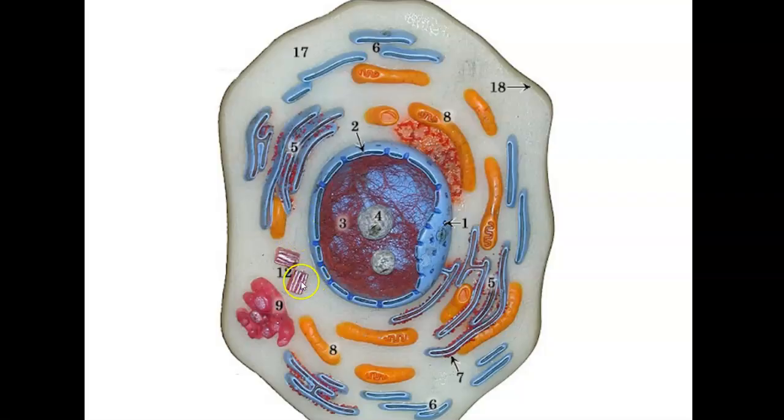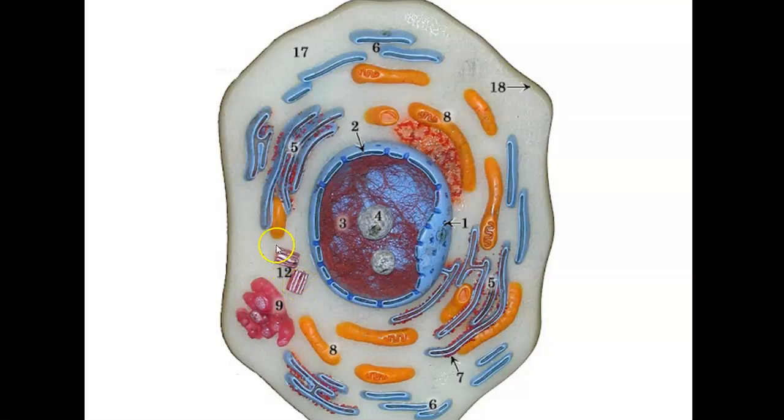So they're going to be close to the nucleus, and centrioles are involved in cellular duplication, so mitosis and meiosis, which I have separate videos for. But centrioles are involved in reproduction of the cell.